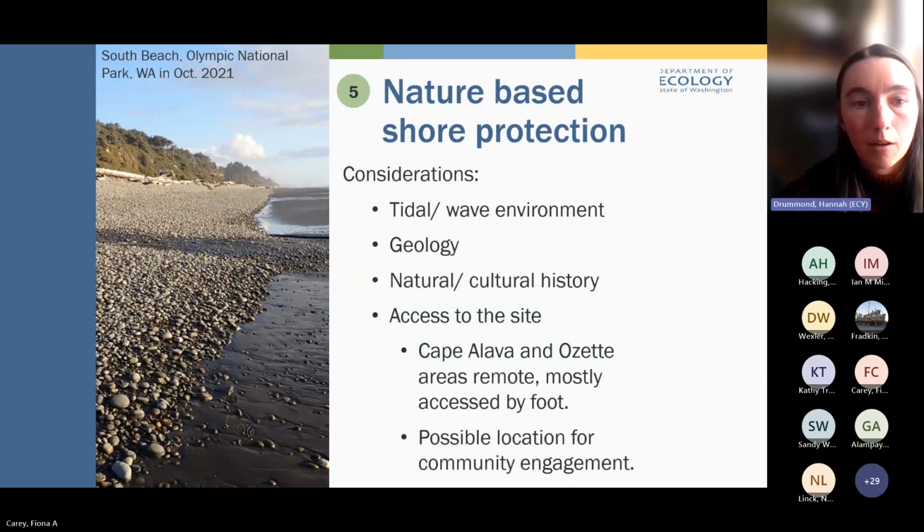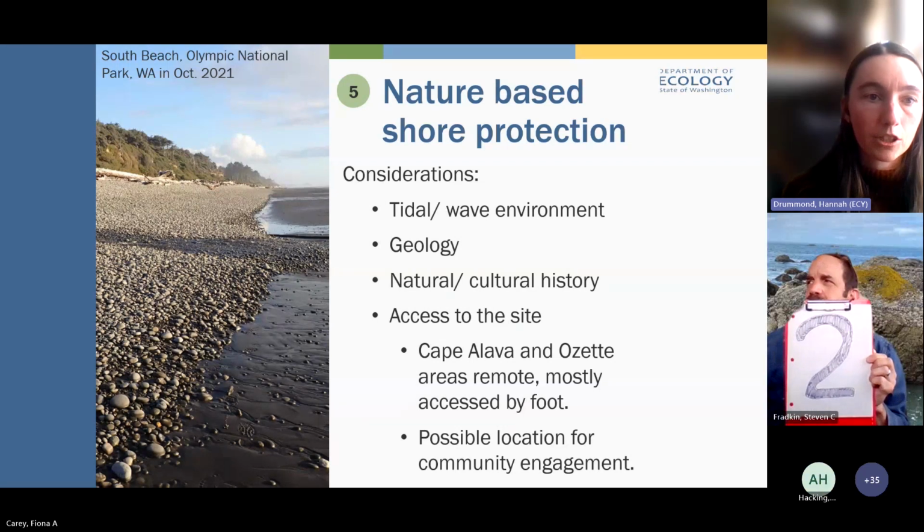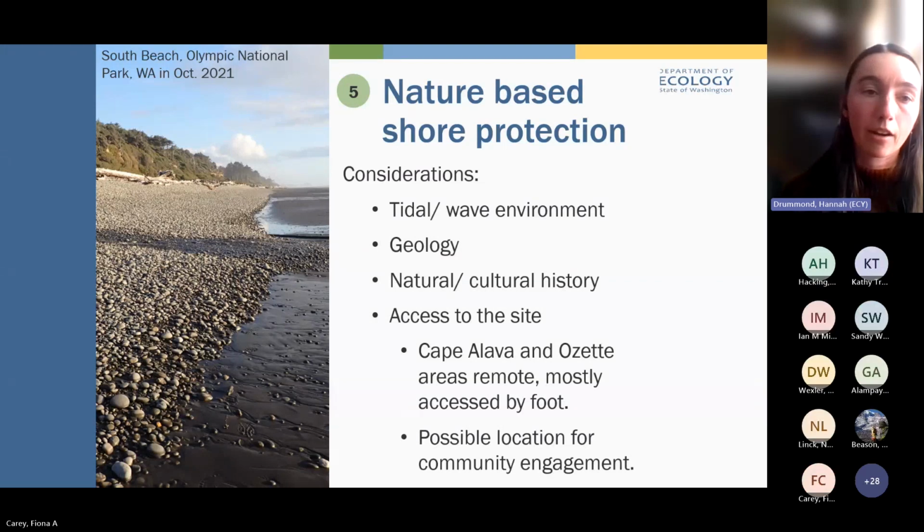Our group is particularly interested in nature-based solutions to the erosion that we're seeing. This photo on the left is from the South Beach Campground area, a little bit south in Olympic National Park. And in the next talk, Heather's going to go a lot more into some work we're doing there. But I'm just bringing this up to say that when I talk about nature-based shore protection, it's basically that we're looking to nature, drawing from the things that we see there to figure out erosion control ideas that work with nature, that use the beach processes that naturally exist.